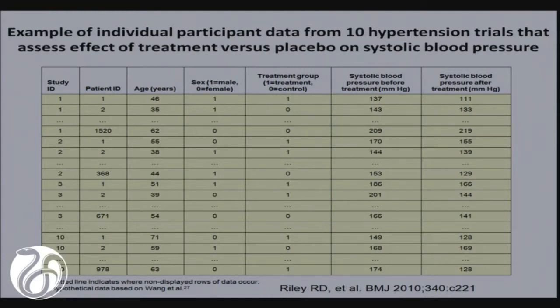He was in the treatment group, and his pre-treatment systolic blood pressure was 137, and his post-treatment systolic blood pressure was 111. You can see the same data for the second participant in that trial, and you can see data for individual participants from all the different clinical trial sites if you're looking at a data set that has aggregated information for individual participants among clinical trials.